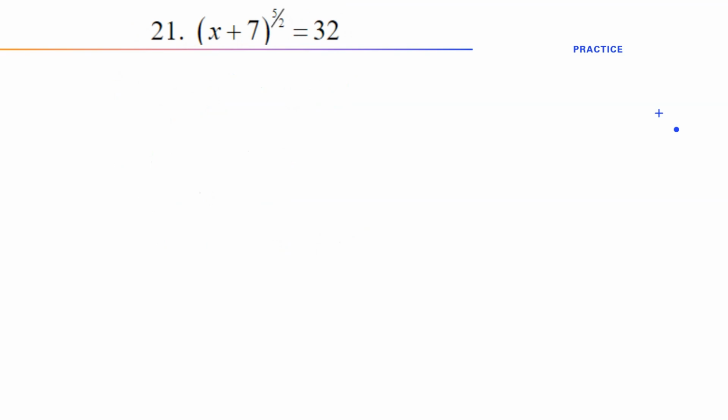Okay, number 21. Remember, whenever we have a fractional exponent, the numerator over denominator, this one we rewrite as: the denominator is the root, and the numerator n is the power. And the power can be inside or outside of the root. It means you can write it as root d of a to the n, or root d of a, to the n.